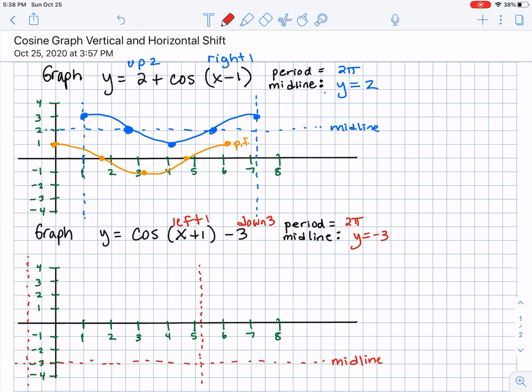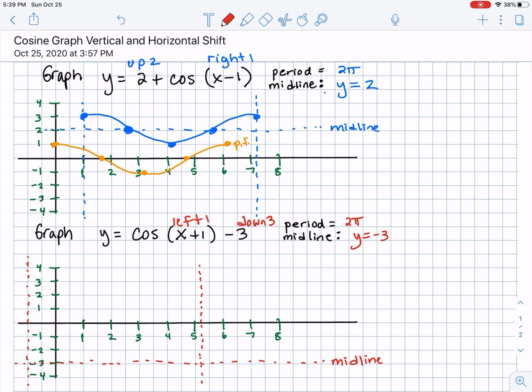So let's take our maximums, which normally happen at 0, 1, and 2 pi, 1, and let's graph them. Notice we're going to use that midline as our 0. Normally our midline is at 0. It's moved down 3 this time.